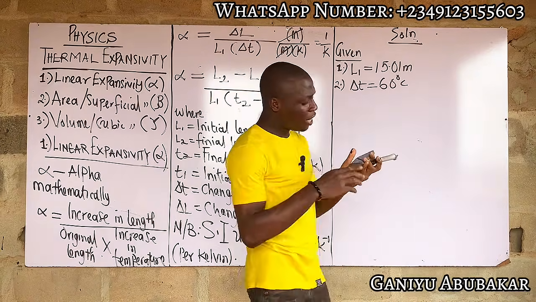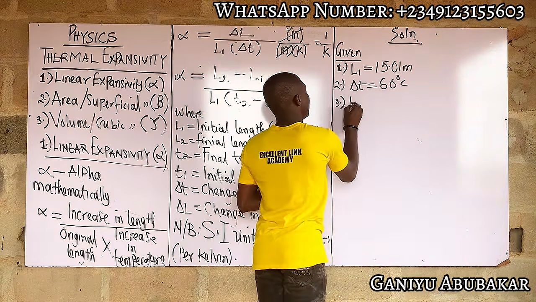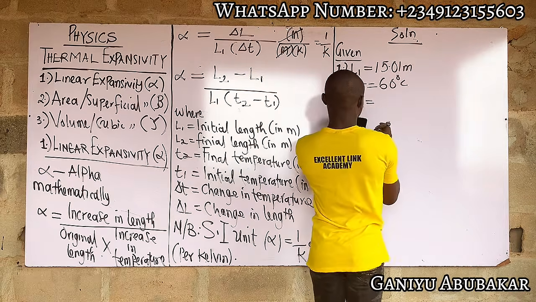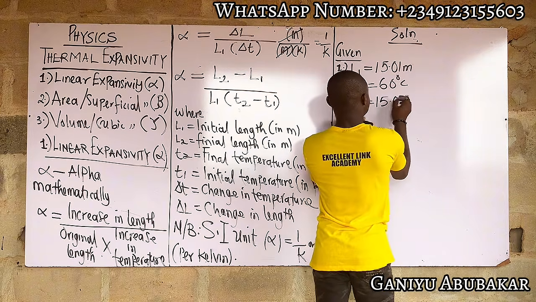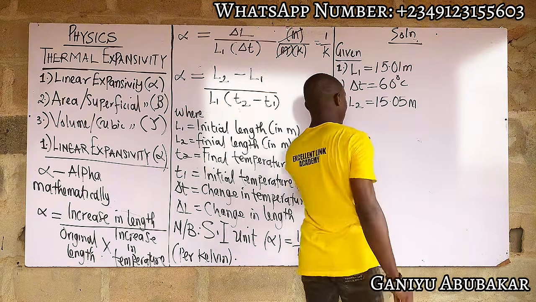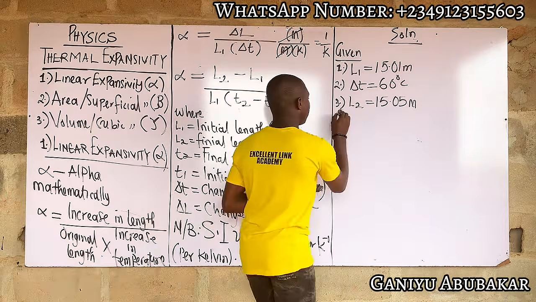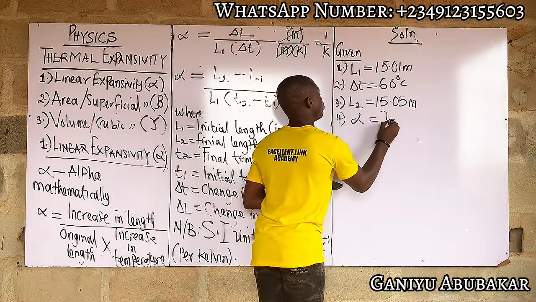If its new length is L2, number 3 there, L2 is equal to 15.05 meters. Calculate its linear expansivity. So I'm looking for alpha, which is unknown.